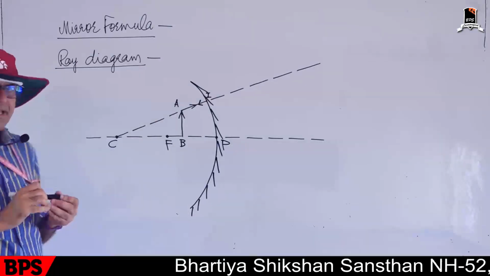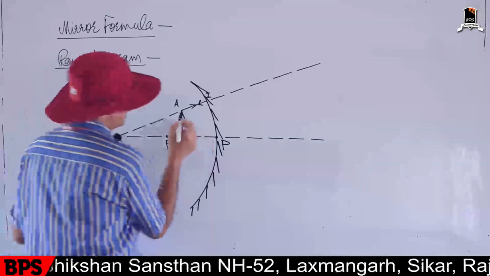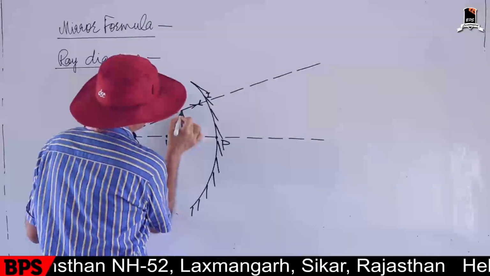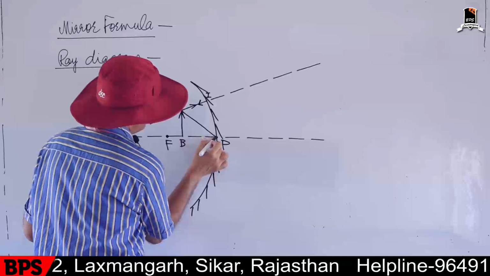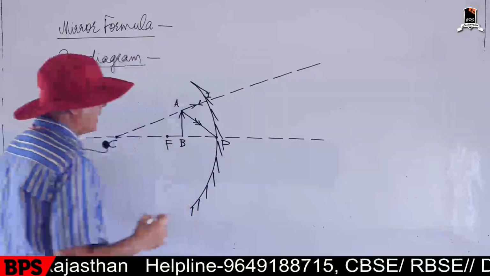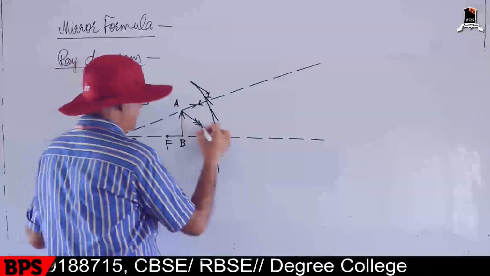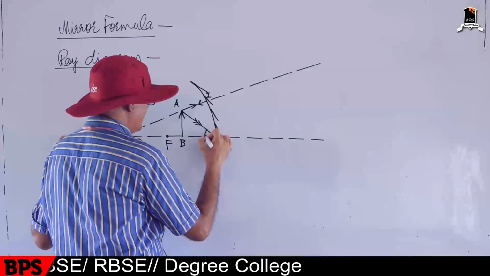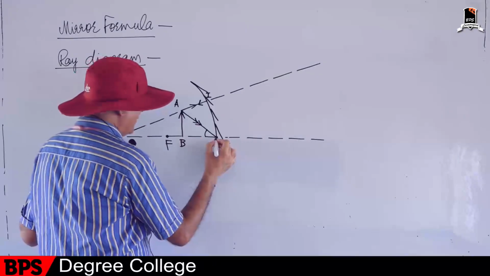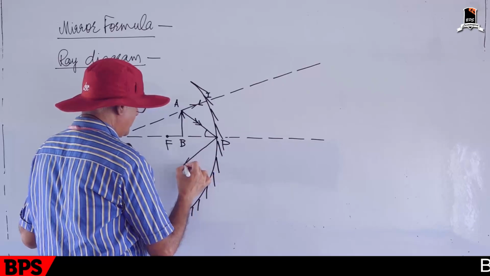Take the second ray, which is directly incident on the pole. So this is the second ray, directly incident on the pole, and due to the reflection laws, if this angle is the incidence angle, then the reflection angle will also be of the same amount.